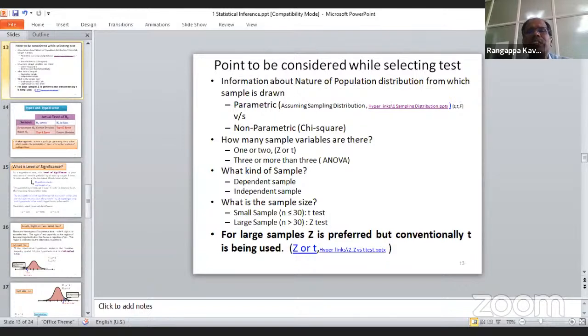Most of the time, while drawing inference, we are using the concepts called type 1 error and type 2 error in research. See, the actual truth, the reality of things, is on one side, and your decision is on the other side.